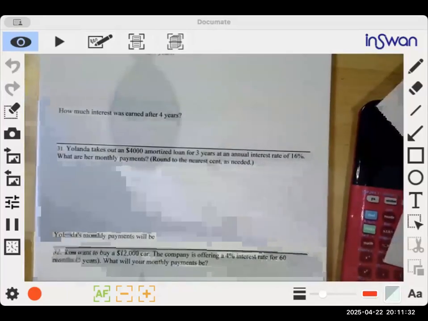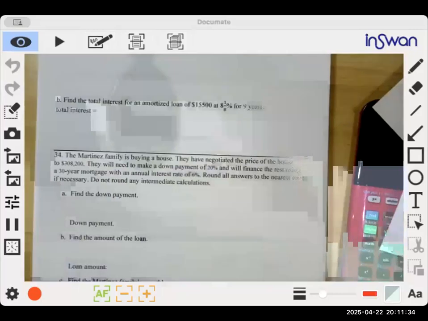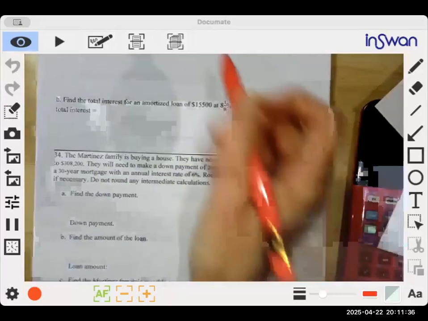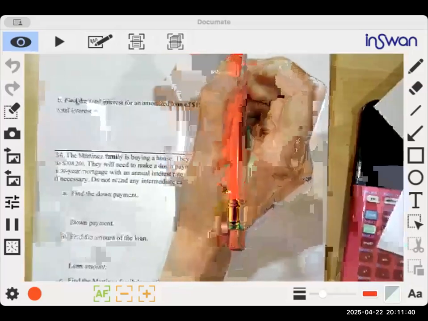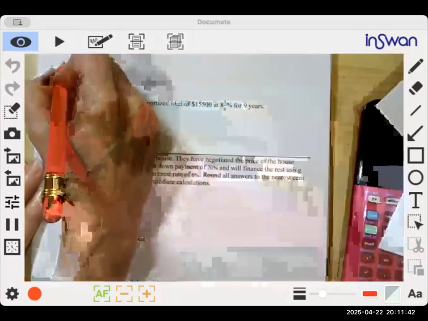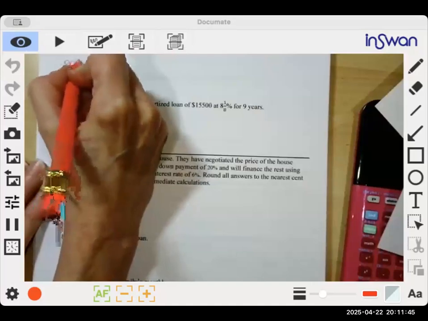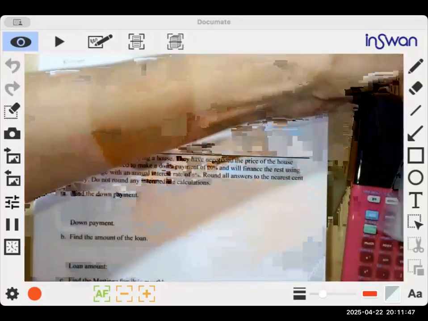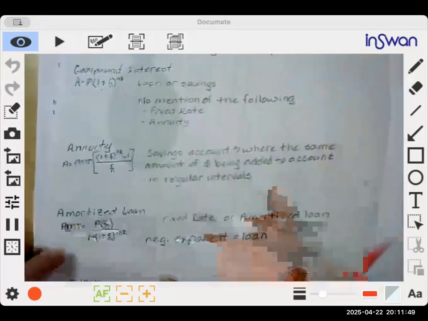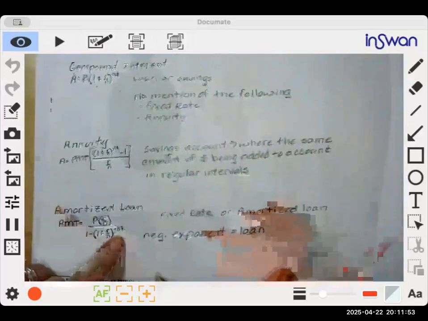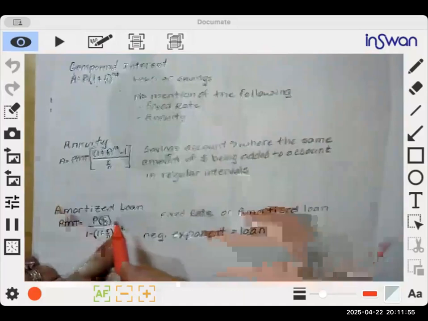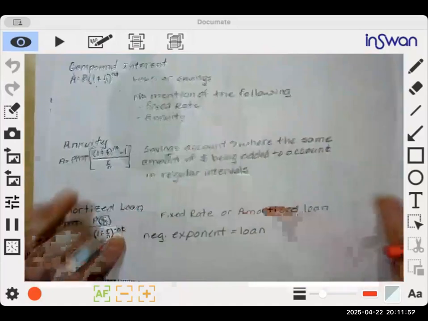So we're moving on to 33. Find the monthly payment. All right, it's telling us amortized loan, so we know we're going to use that big nasty formula with the negative exponent. Okay, here's my formula sheet. Remember, an amortized loan has a negative exponent because it's a loan and you owe money.